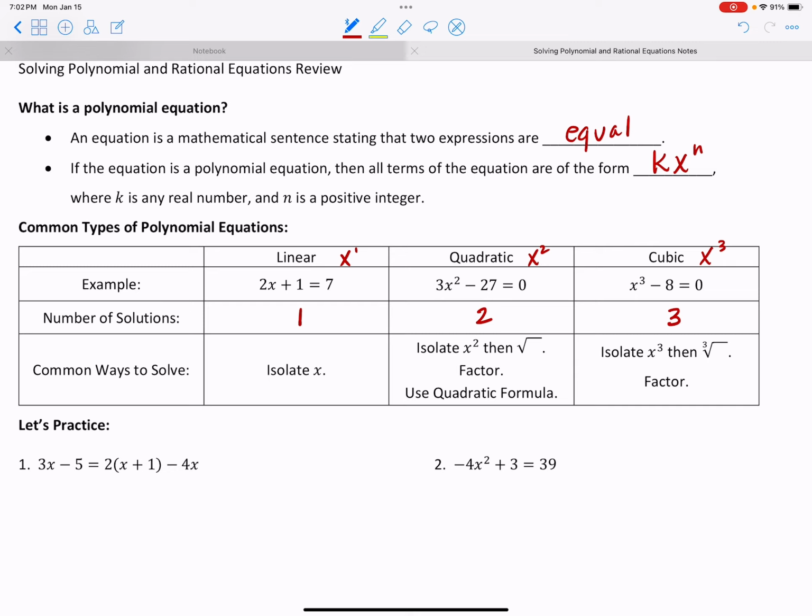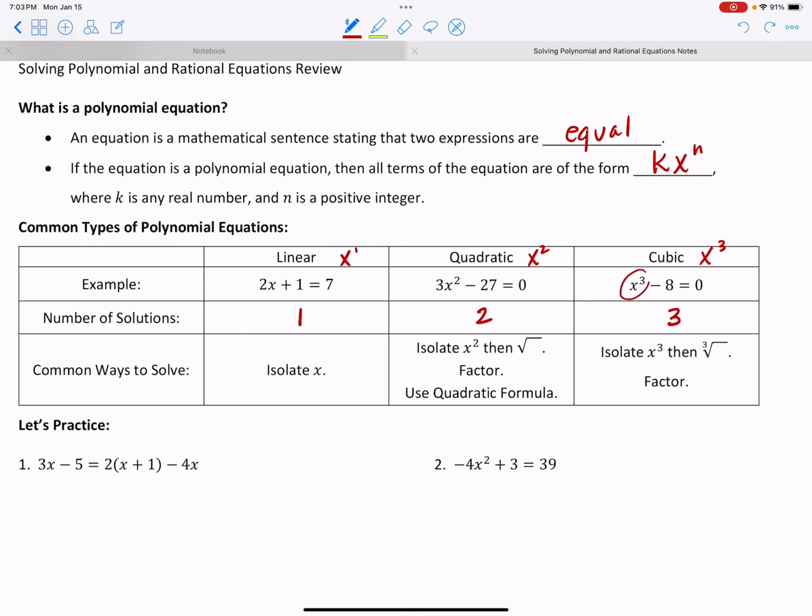And then as the degree increases, the strategies are very similar to quadratics, minus we might not have a formula. So in the same way we could isolate an x squared and then take the square root, we can isolate an x cubed and then take a cube root, and we can factor. So here, for instance, in the same way I can, for this equation, subtract 1 and then divide 2. For this equation, I can get this x squared by itself by just adding over the 27 and then dividing the 3.